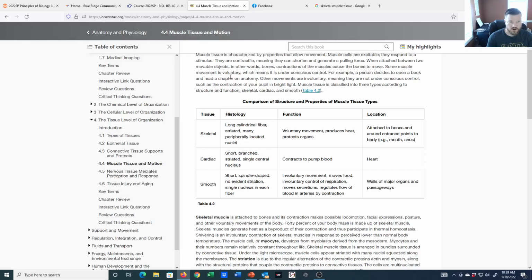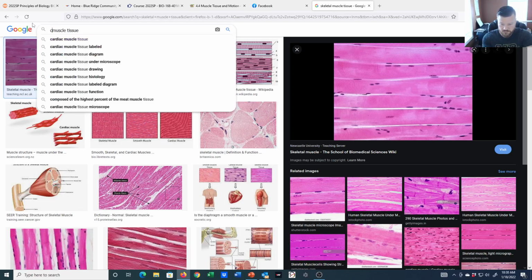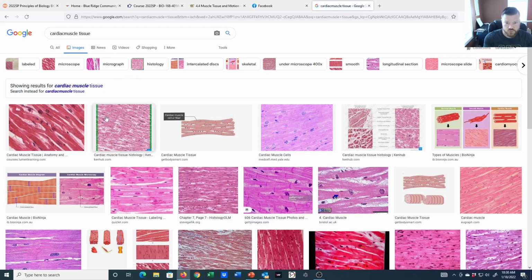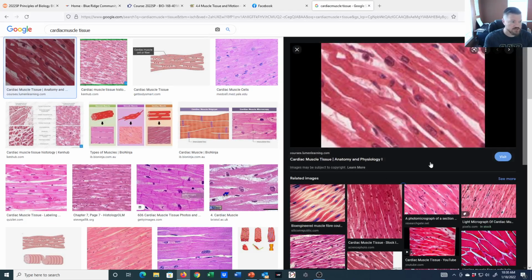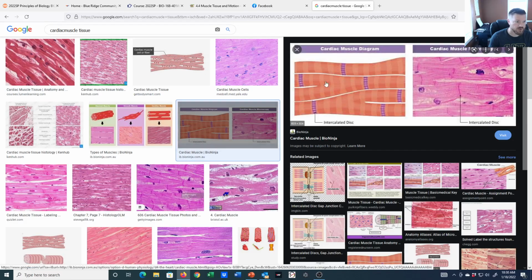If you compare that to cardiac, right? So if I change this to cardiac muscle tissue, what you'll notice is you kind of lose that cylindrical appearance. Here's maybe a good example, right? And so they're branched. Cardiac muscle is branched, and it has these special regions in it called intercalated discs.